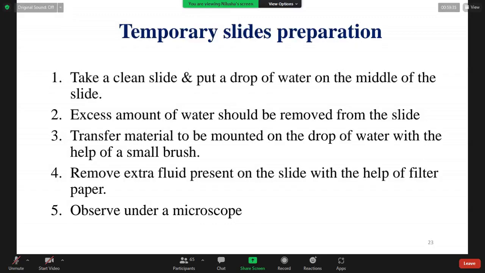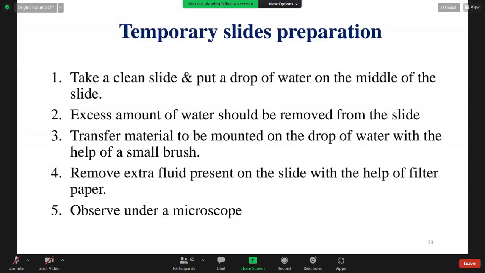Take a clean slide and put a drop of water on the middle of the slide. If there is an excess amount of water, remove it using tissue paper.